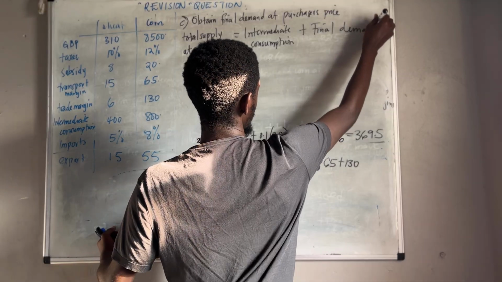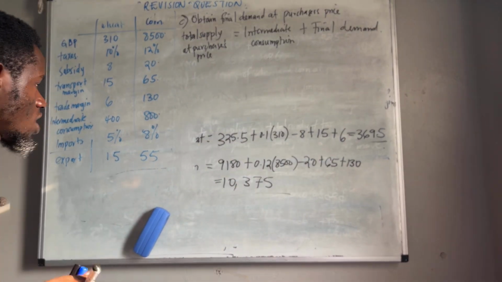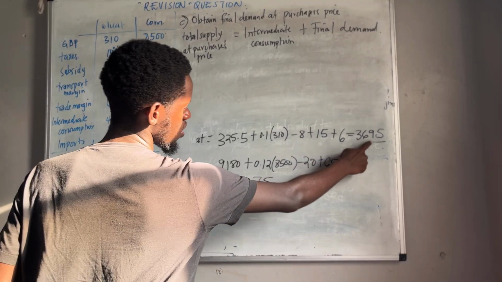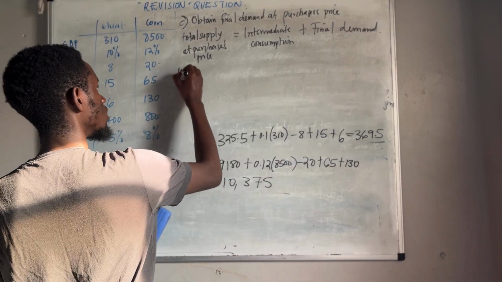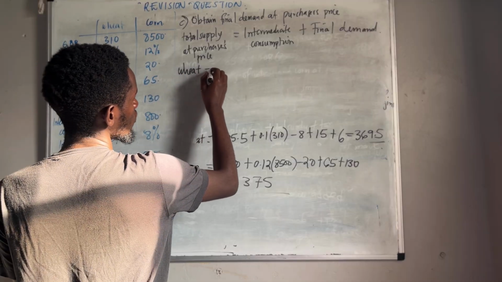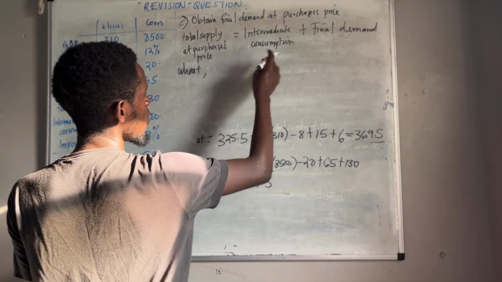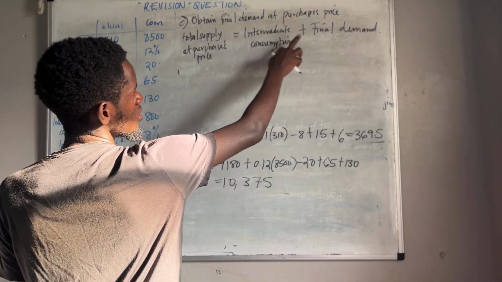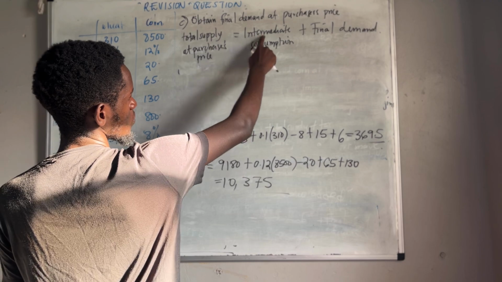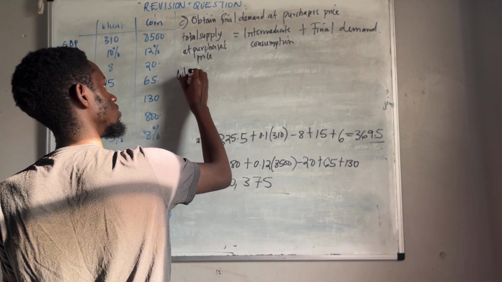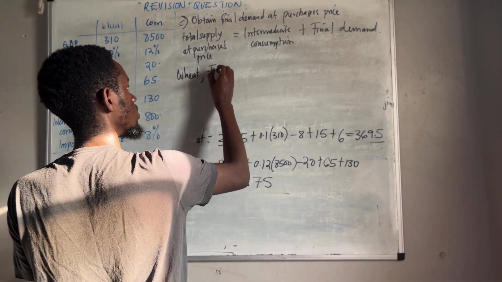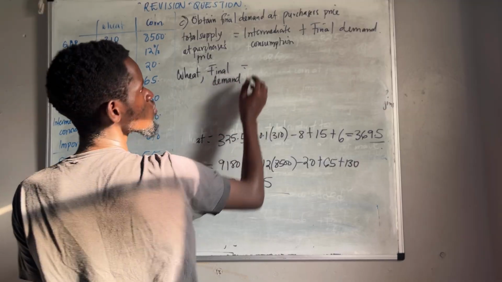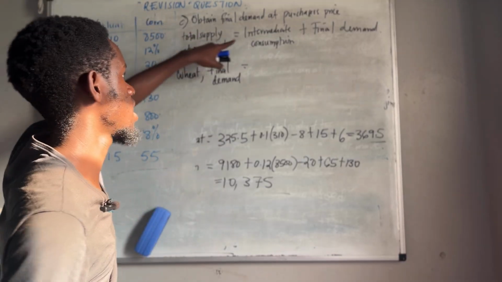From this formula, we shall be able to have the final demand, since we have intermediate consumption in our question, and we have total supply at purchaser's price, which we have got as this value and this value. Now, for wheat, final demand equals total supply minus the intermediate consumption, if I bring this on this side.